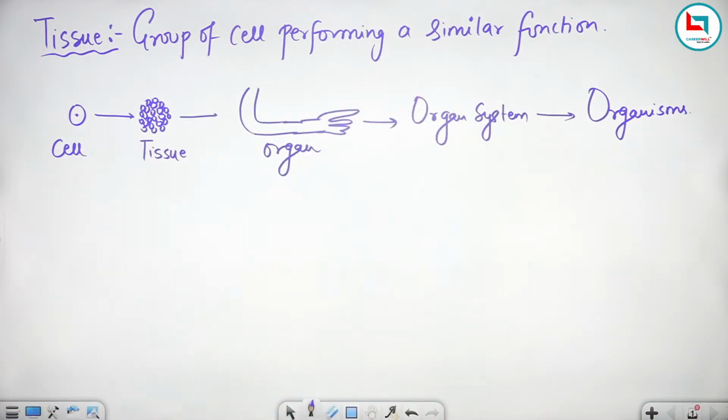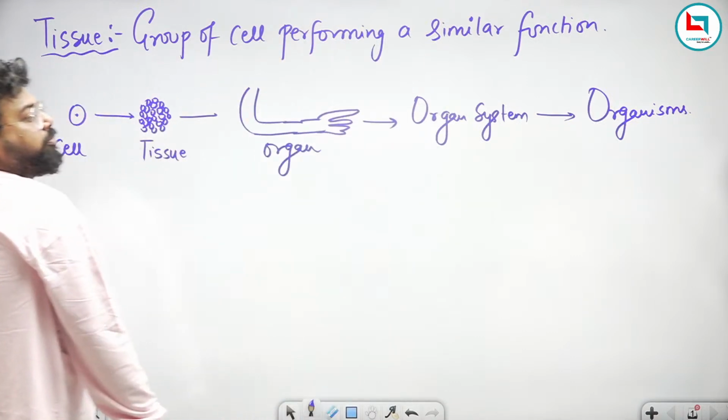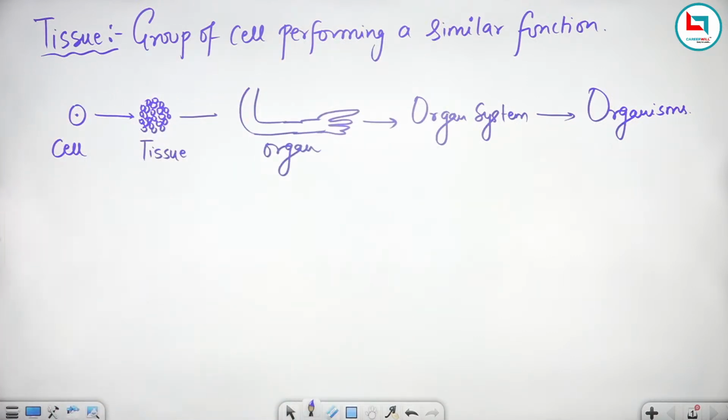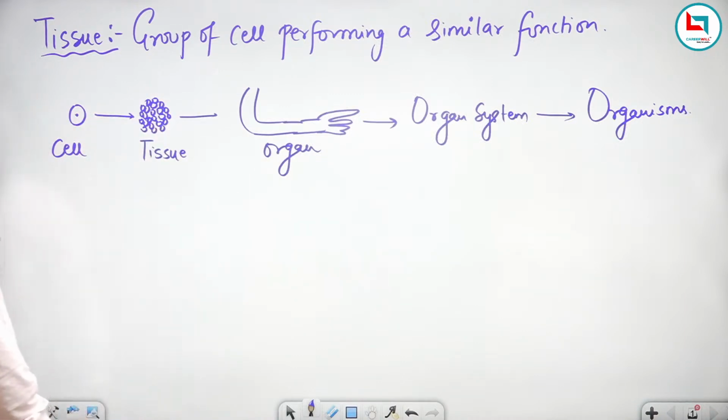Right? So first of all, we have cell. These cell aggregate and form tissues. These tissues start to form a different type of organization known as organ. These organ will form a system known as organ system, and when the organ system is made up, then a whole new organism is formed.